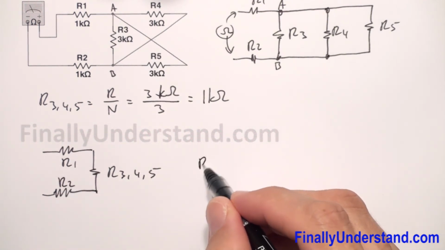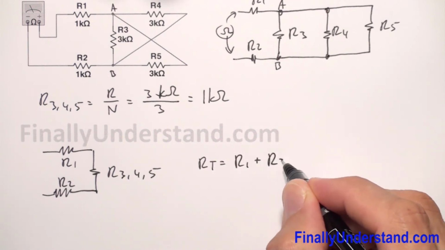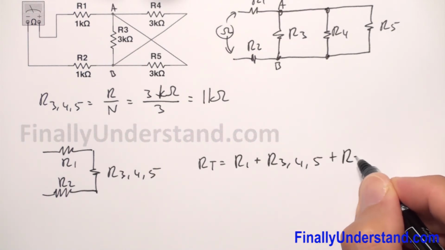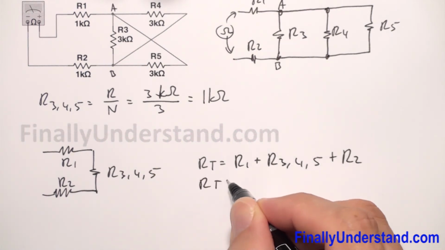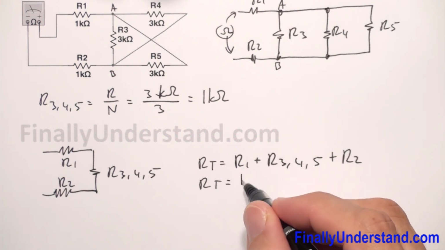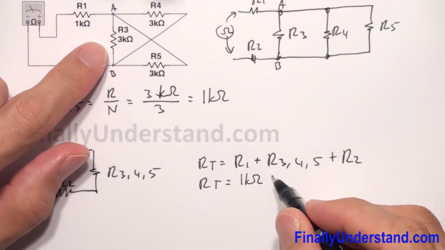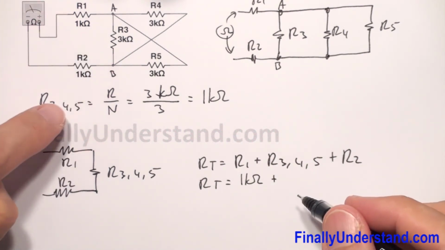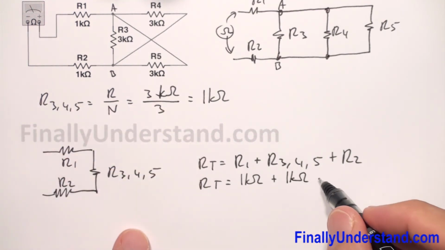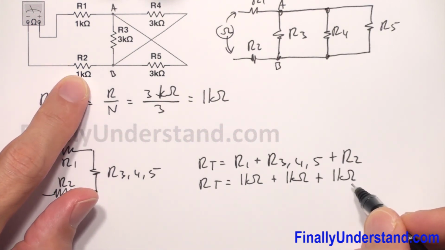Okay, so R total is equal to R1 plus R3,4,5 plus R2. So R total is equal to 1 kilo ohm, this is 1 kilo ohm, plus R345 is equal to 1 kilo ohm, plus R2, which is equal to 1 kilo ohm.